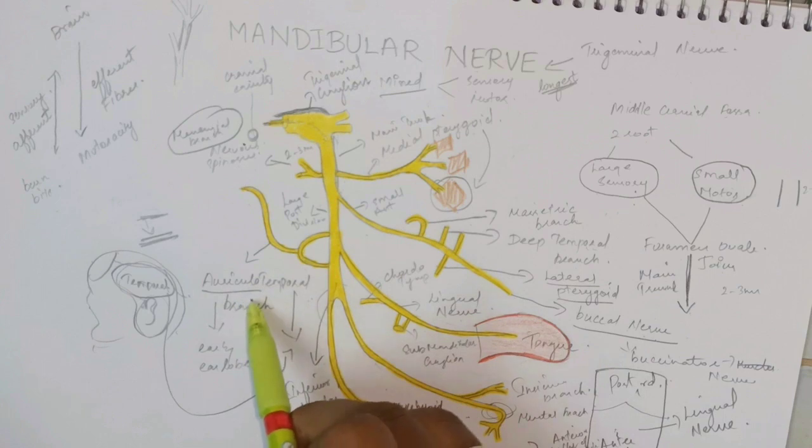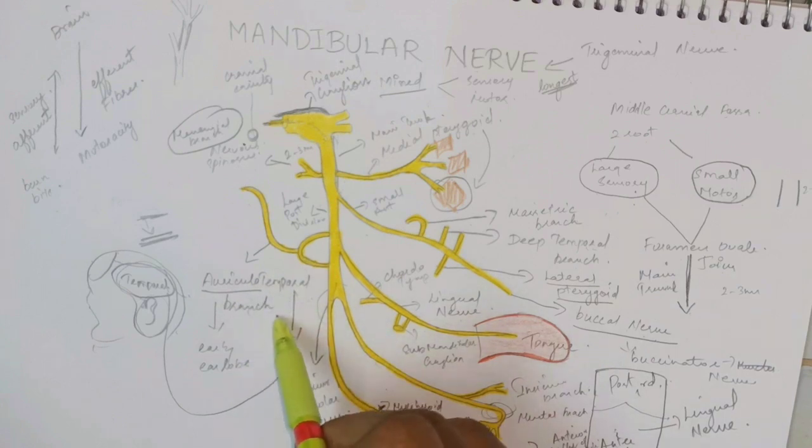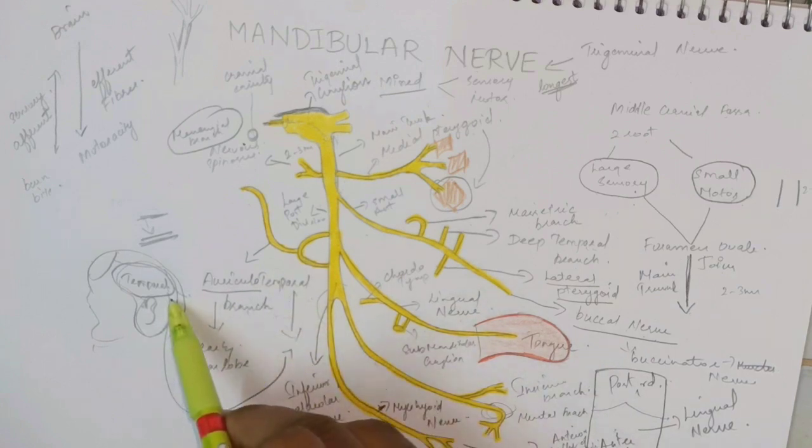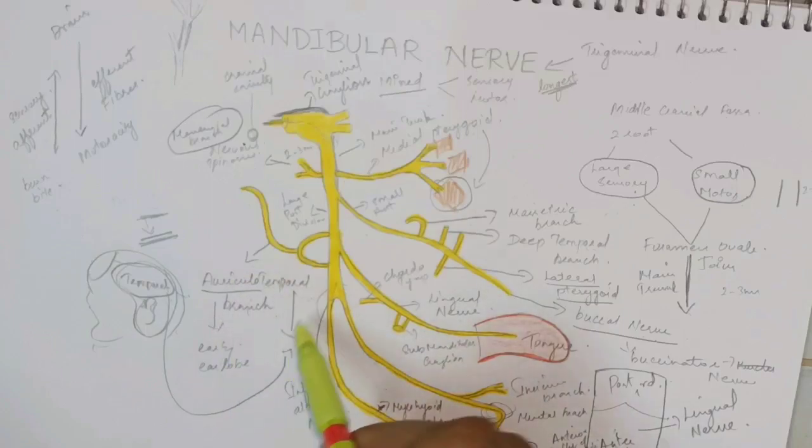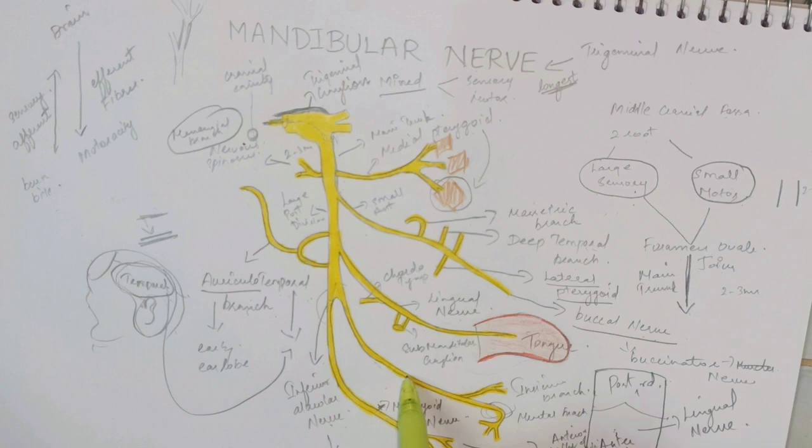The posterior branch: the first is the auriculotemporal, which supplies the auricle, ear and temporal region; another is the lingual nerve, which supplies the anterior two-third of the tongue; and the other is the inferior alveolar nerve.